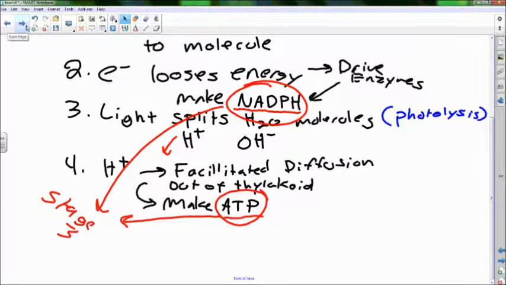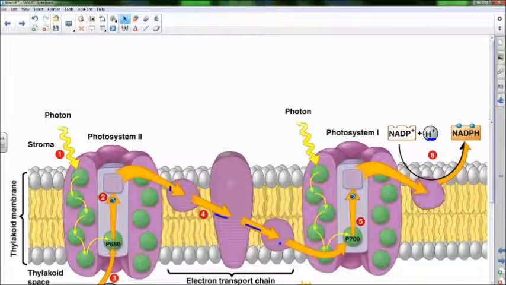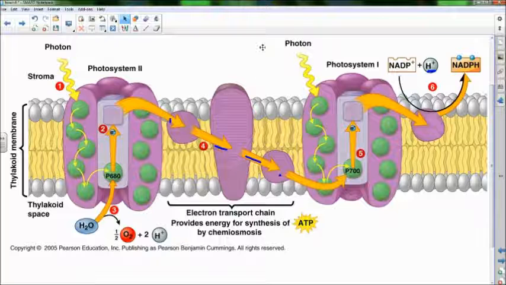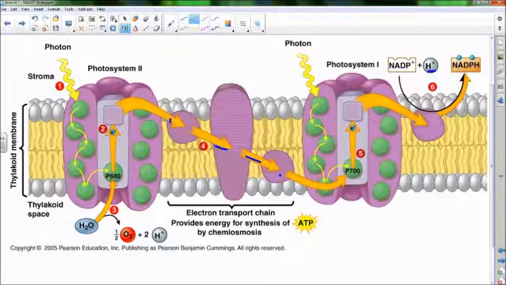Okay, here's a diagram that's going to show that basic process. So here's light. A photon is just another name for light. It's a way to describe light. So this light is going to come in. It's going to hit the chlorophyll.